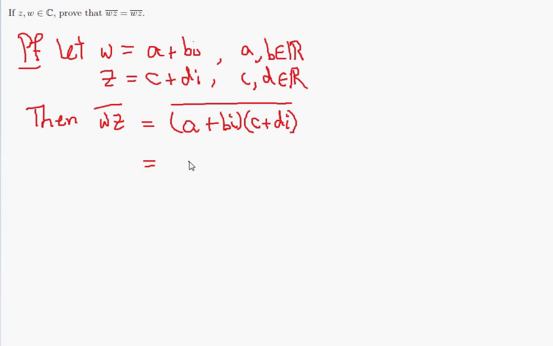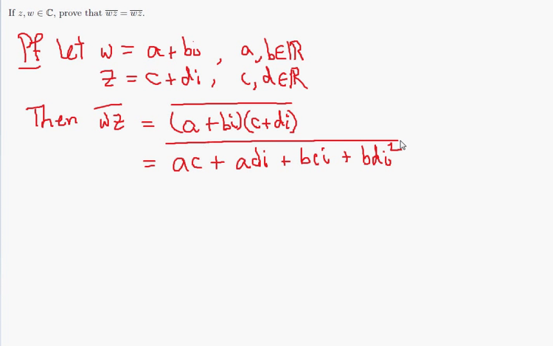Okay, let's multiply out what's under the conjugation sign. We have A times C plus A times DI plus B times CI plus B times DI squared. And I need the conjugate of this whole thing.